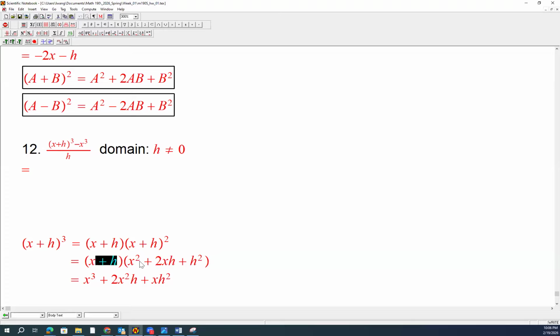So we get plus x squared times h, then h times 2xh. So that's going to be 2xh squared plus h to the power 3.